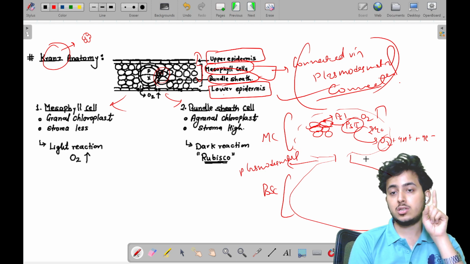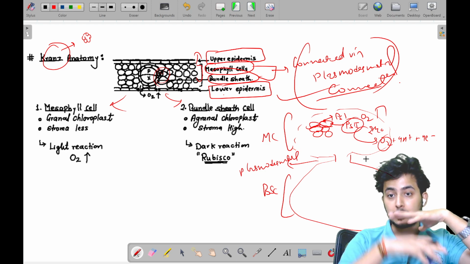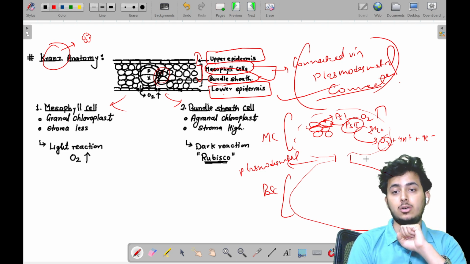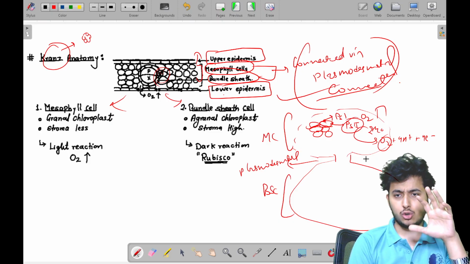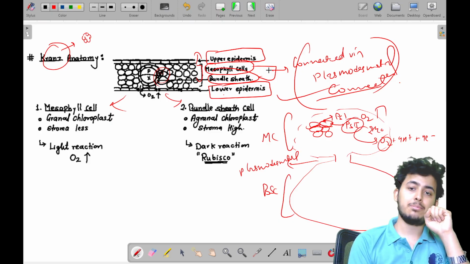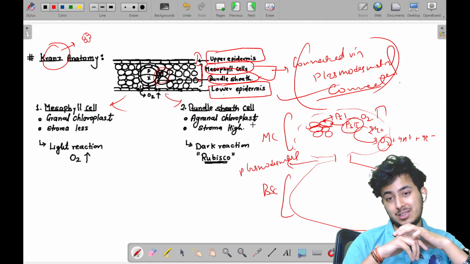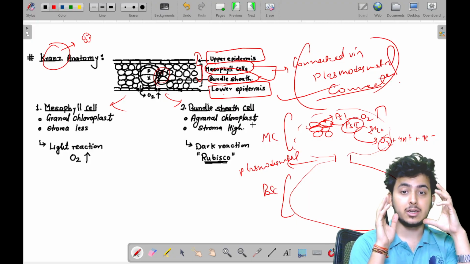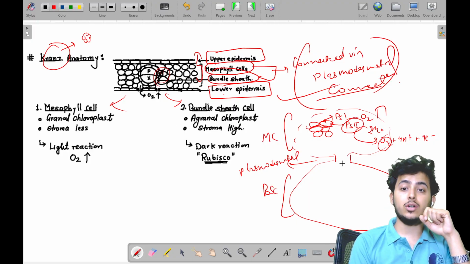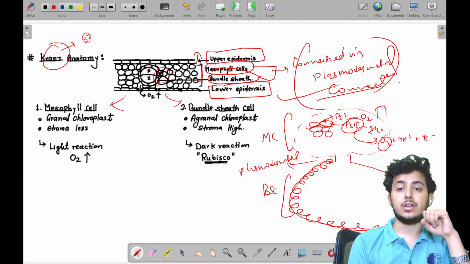So now the solution is we have to separate both of these, Rubisco and oxygen. To separate them, the best solution is to make different compartments. One of the compartments is the bundle sheath cell that we have made, and it is very important to make it impervious.